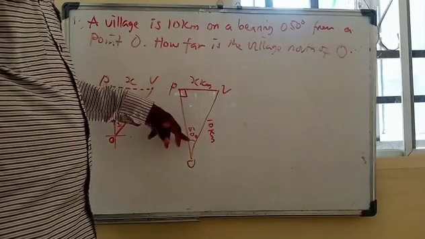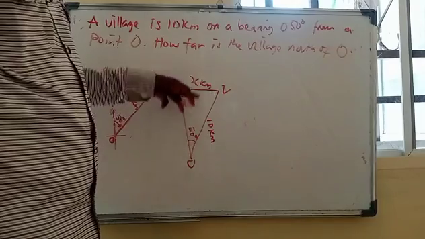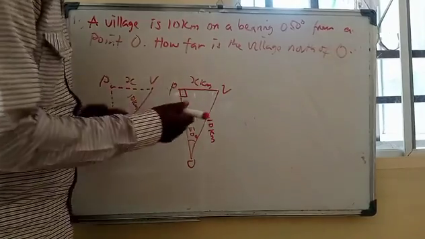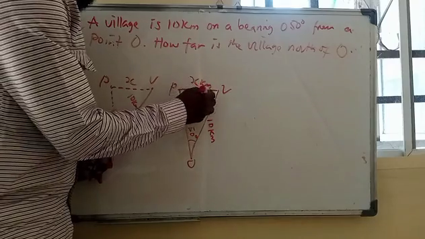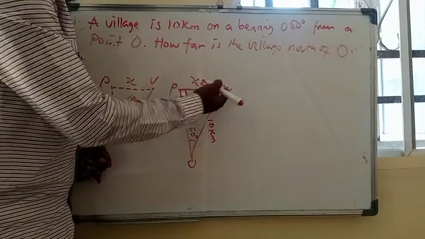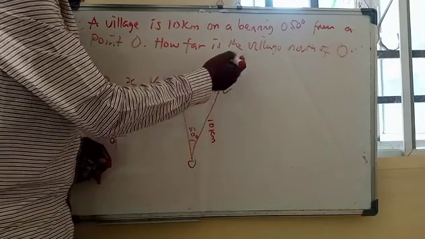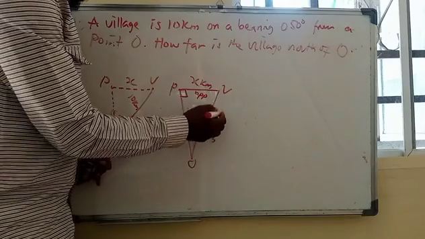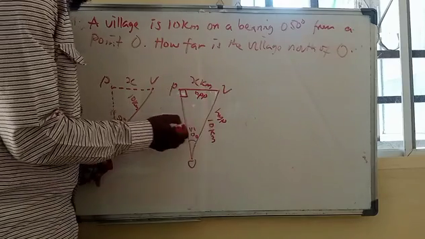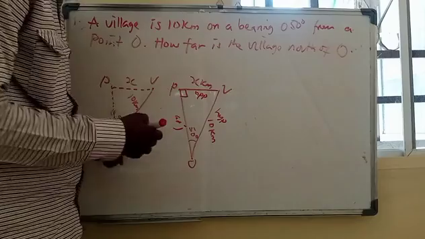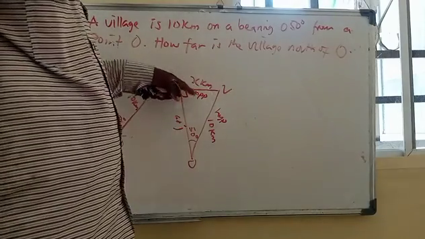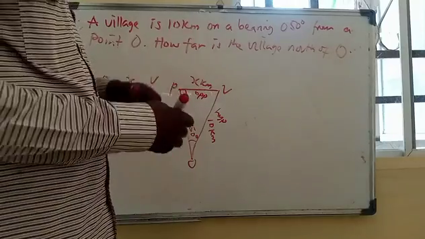With respect to the given angle, this side is its opposite. The longest side, opposite the right angle, is the hypotenuse. The other side is the adjacent. The information we have is on the opposite and hypotenuse. That means we're going to use sine.